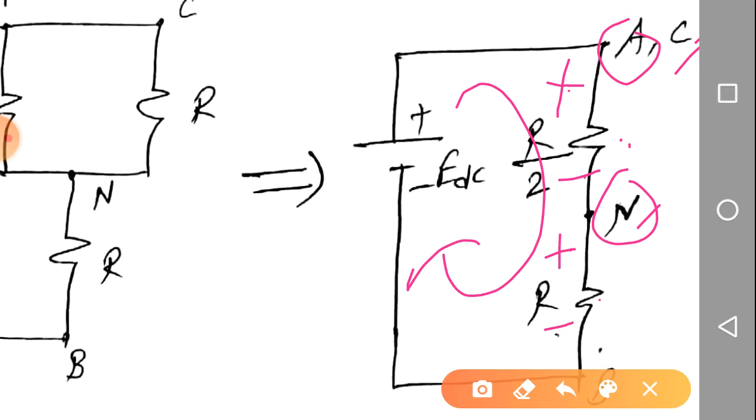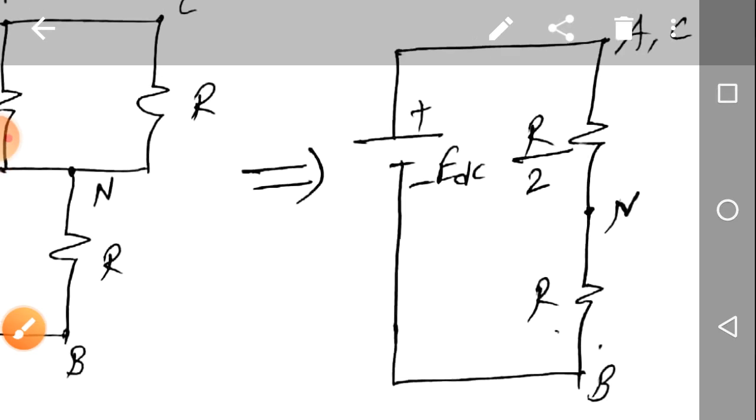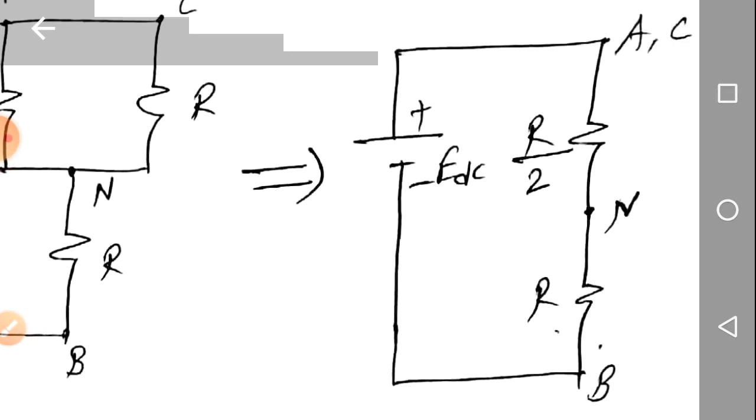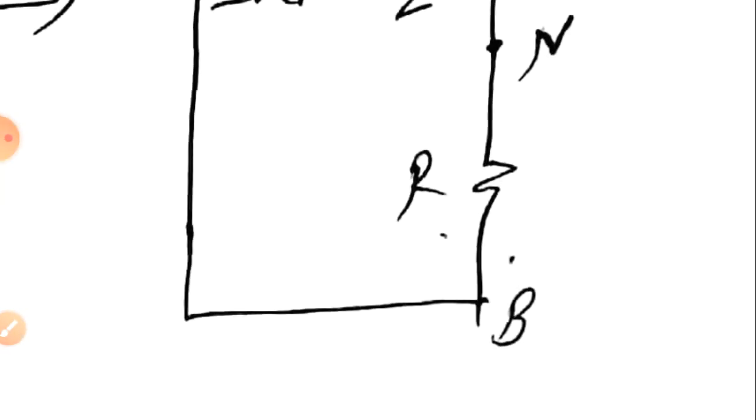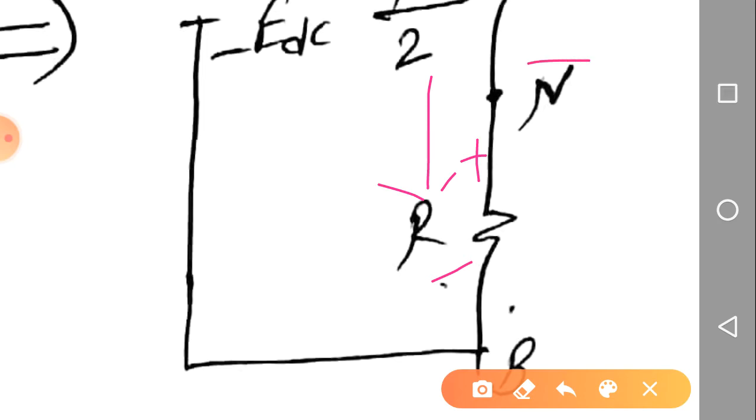But if you check terminal N and terminal B, what will happen? Between terminal N and terminal B, current is actually in the downward direction. Here it is plus, here it is minus. So terminal N potential is greater than terminal B potential. Very important: terminal N potential is greater than terminal B potential, right? So VN is greater than VB.